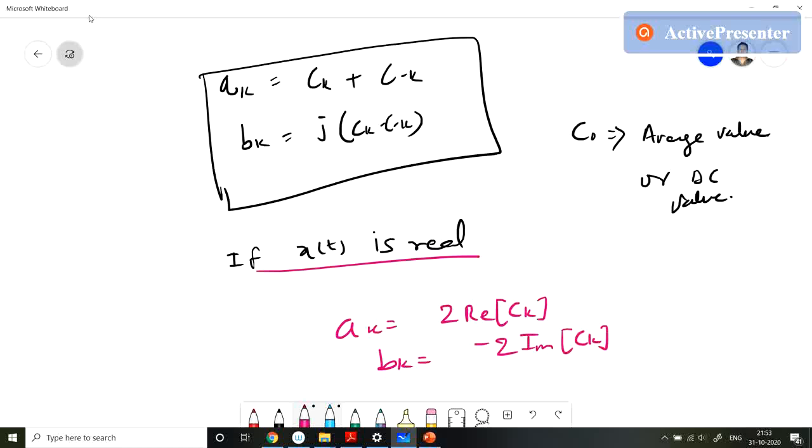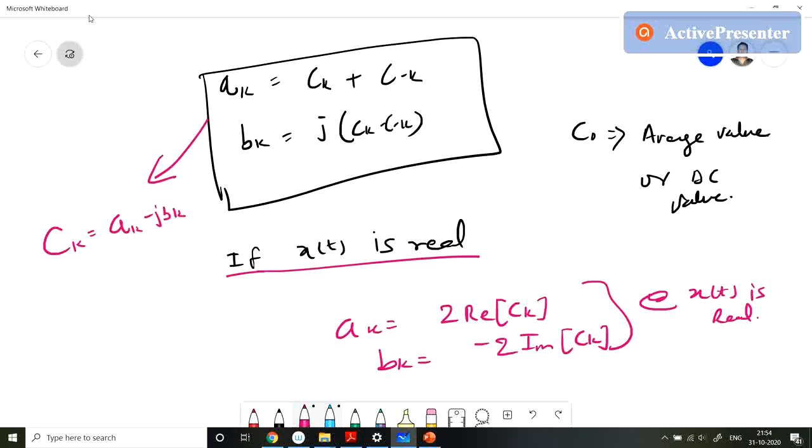So when x(t) is a real signal, ak = 2 times the real part of ck, and bk = minus 2 times the imaginary part of ck. We can also derive the relation between ck and ak and bk: ck = (ak - j bk) divided by 2.